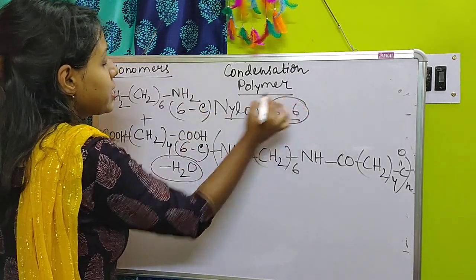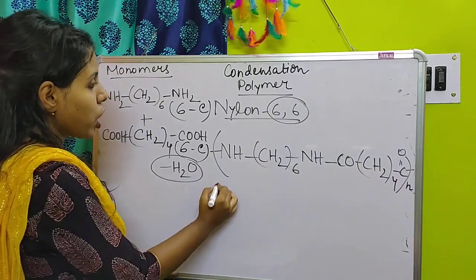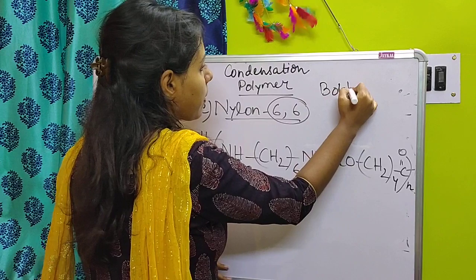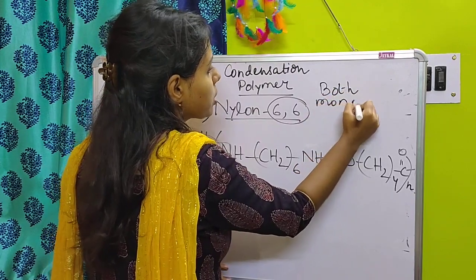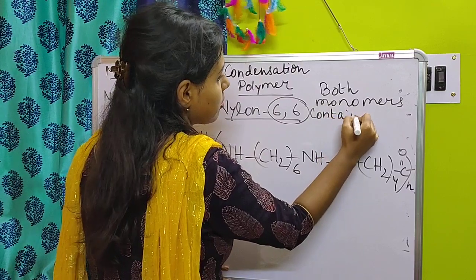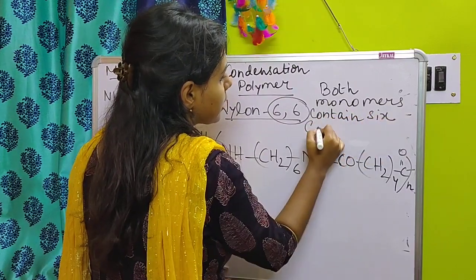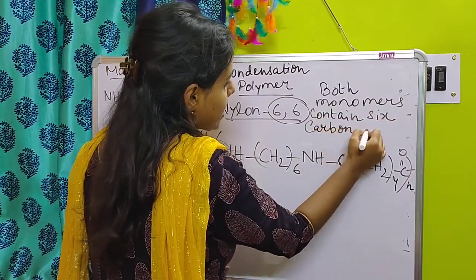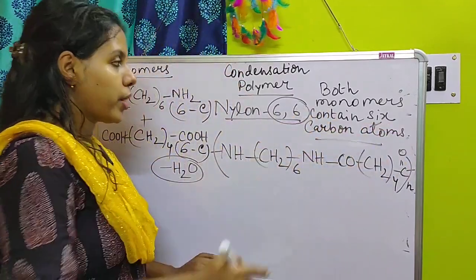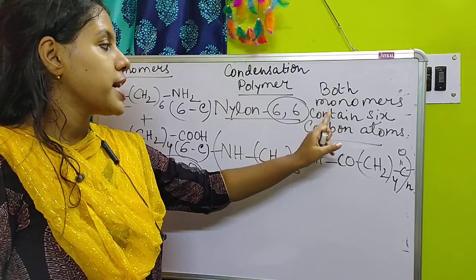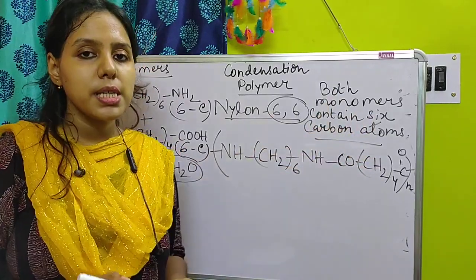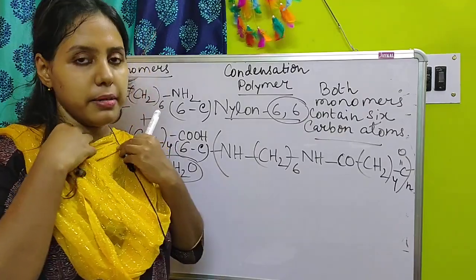That's why 6,6 is written. Write this point also: both monomers contain 6 carbon atoms. For this reason 6,6 is written with nylon.